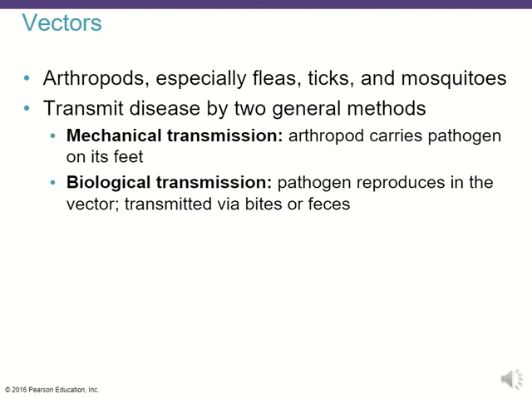They can include arthropods, especially fleas and ticks and mosquitoes, which transmit disease typically in two general methods. Mechanical transmission, where an arthropod carries the pathogen on its feet, or biological transmission, where a pathogen reproduces inside that vector and then is transmitted via bites or feces from the animal.